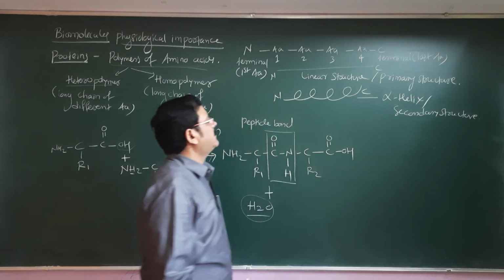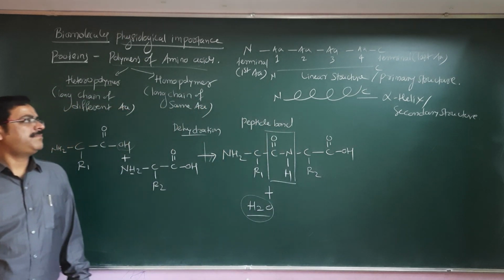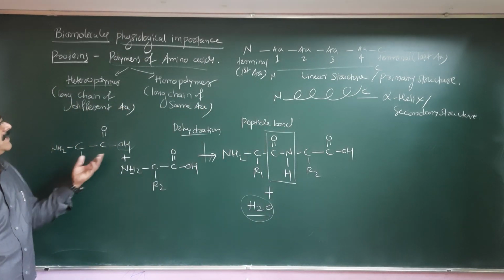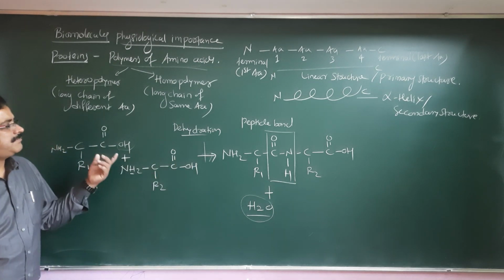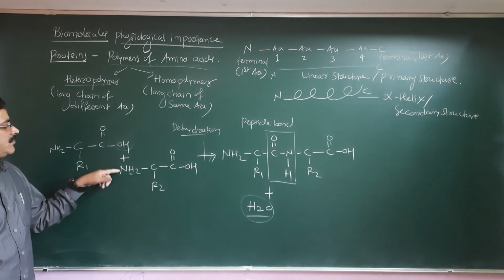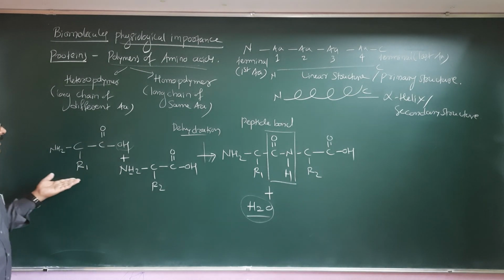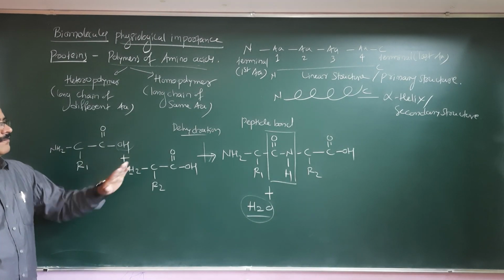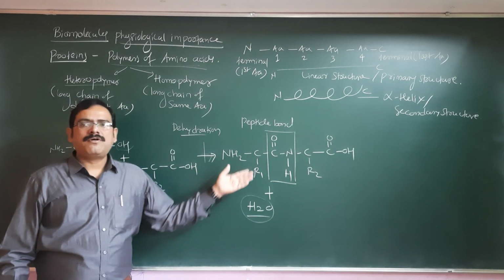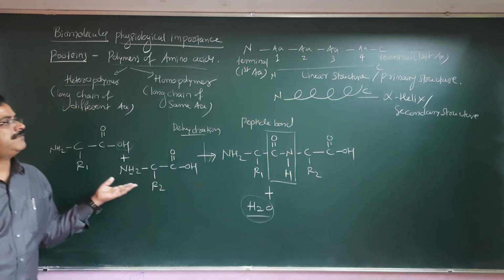I hope you clearly understood how a peptide bond is formed: with the OH group of the previous amino acid and the NH2 group of the next amino acid, with the release of water.